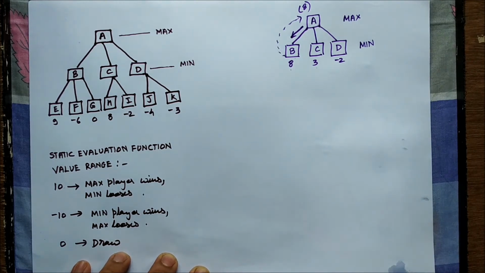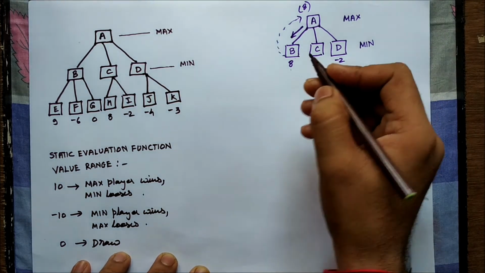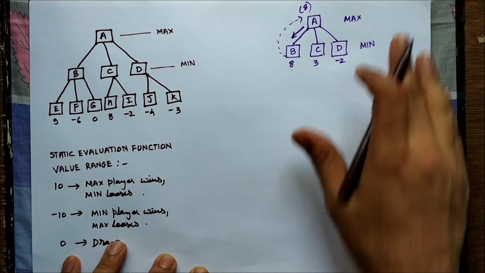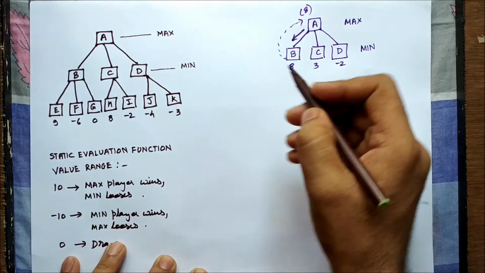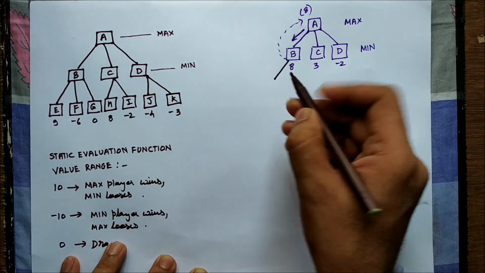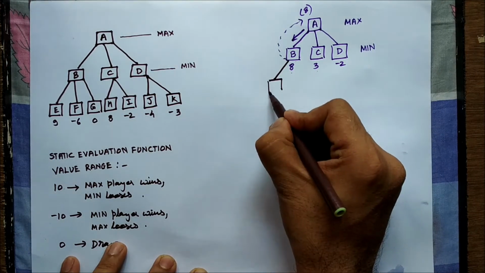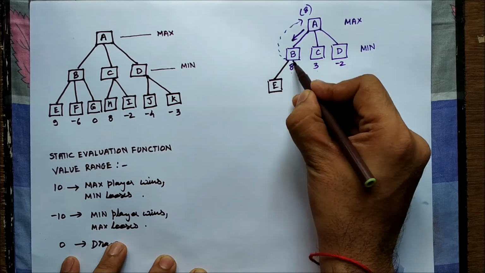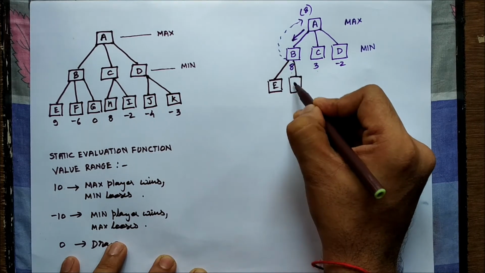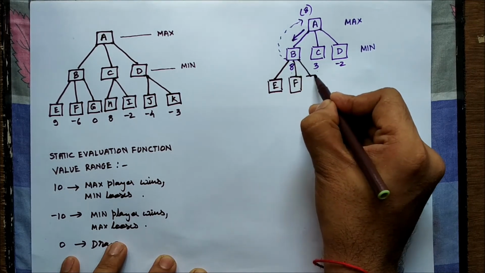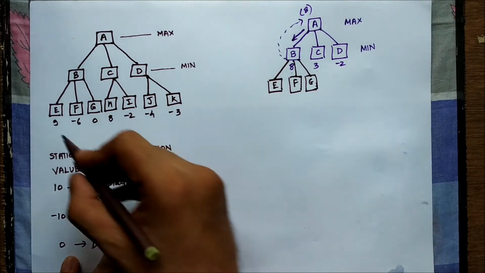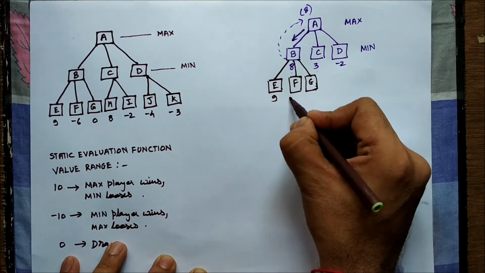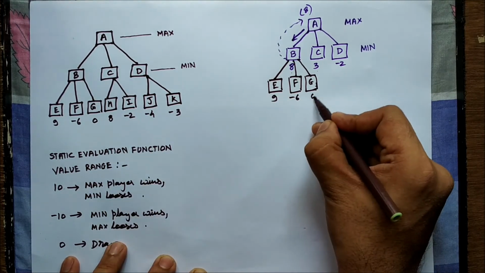Now assume that, just see the tree which is there in the knowledge base. B further has node E, node F and node G, with static evaluation function values 9, -6 and 0.